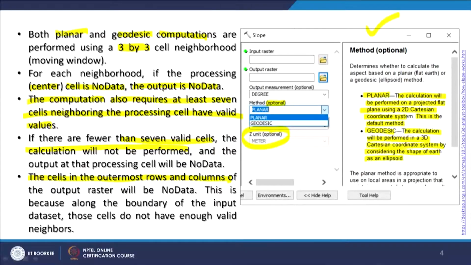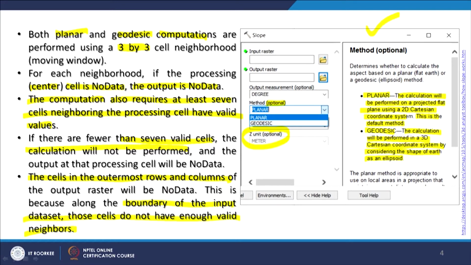So, the cells in the outermost rows and columns of the output will be no data, because at the boundary of the input data set you do not have enough valid neighbors.